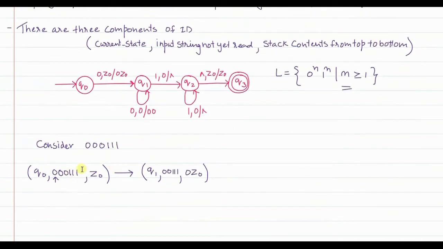Now we have already seen what happens when the first 0 is read. Let us see what happens in state Q1 when another 0 is read. Here it says if you are in state Q1, 0 is read as input, and the top of the stack also contains 0, then you simply push this 0 onto the stack.